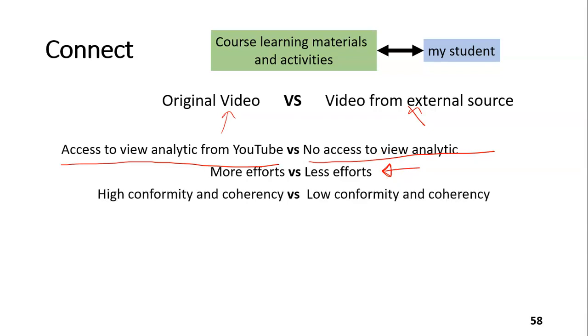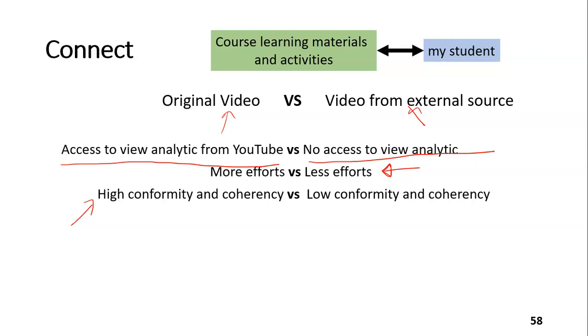But one thing to keep in mind is that for videos we develop ourselves, for example, 1 week of lectures with 10 videos, if we make all 10 ourselves, the videos are more coherent, the logical flow will be better, and we can make sure they connect to one another.